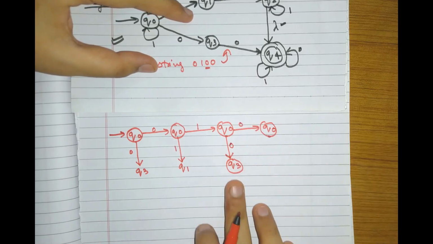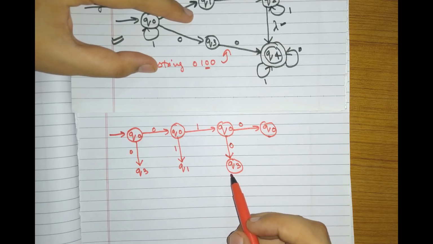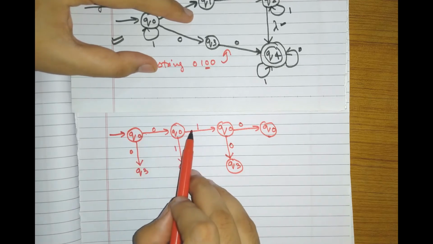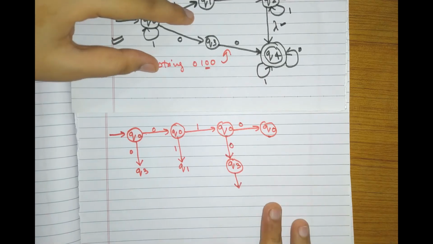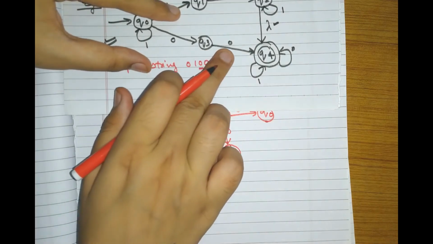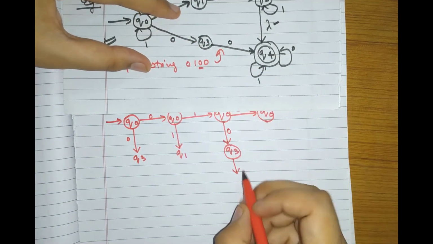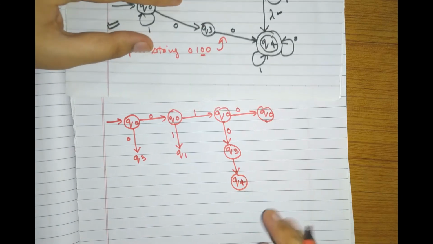This is after receiving 0 here, and the same for this. If we are in state q3, with our string 0 1 0, and we receive 0 here, then from q3 we enter our final state.